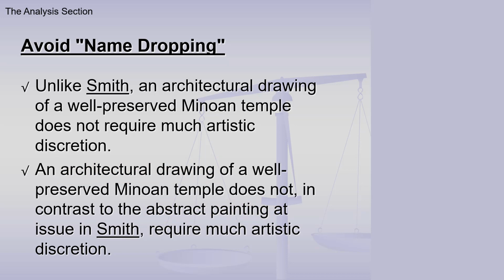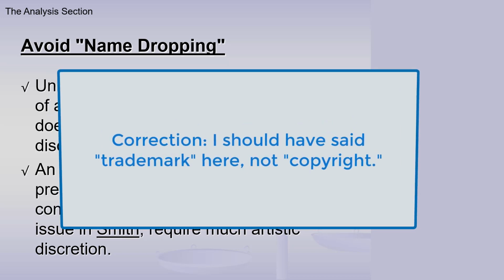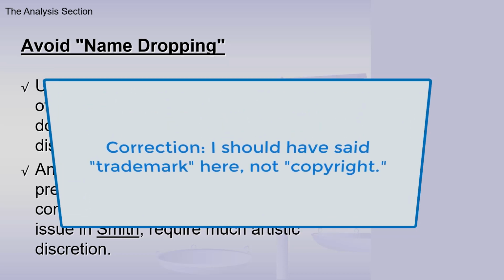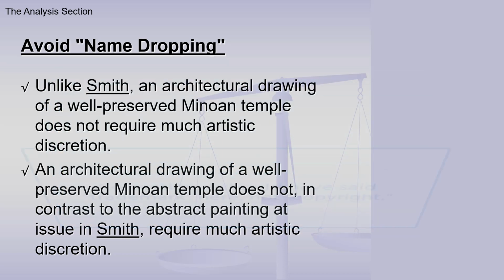Let's take a look at another example. This is a hypothetical I give my students about whether a company can trademark a color, and in particular, whether Procter & Gamble could copyright the color pink in Pepto-Bismol. So we'll see the example of name dropping first.